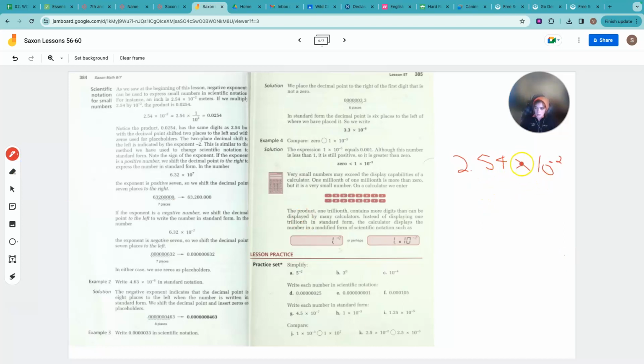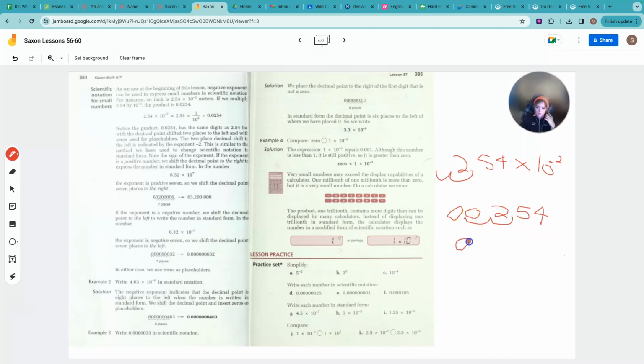So, anyway, if we had 2.54 times 10 to the negative second, we're going to move the decimal over 2 places. Basically, if I was you, this is what I would do. I would put several zeros in front of 2.54 to give me something to move it to. So I'd start here, so I'd go 1, 2.